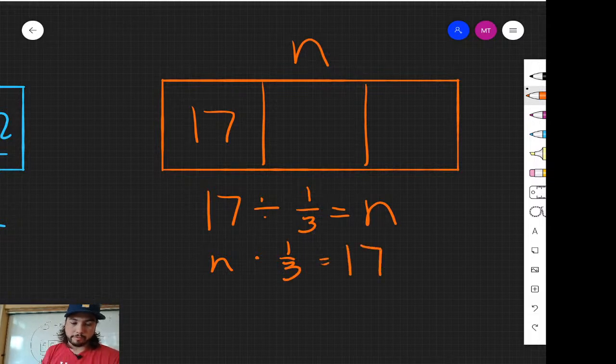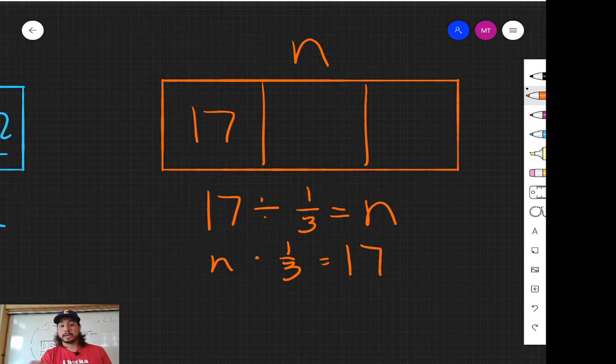Yep, that's the inverse of that first equation, right? 17, divide it by 1/3 to get n, and then multiply it by 1/3 to get back to 17. That's our undo equation.